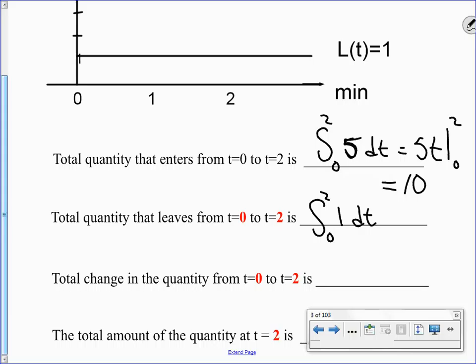Now, we could either get this from the graph, because we have a graph of 1 right here, and just take the area under the graph of 1 from 0 to 2, which is 2. Or, how else could we get that answer of 2? Fundamental theorem of calculus. Take the antiderivative, t, from 0 to 2, and we get 2, because 2 minus 0 is 2.